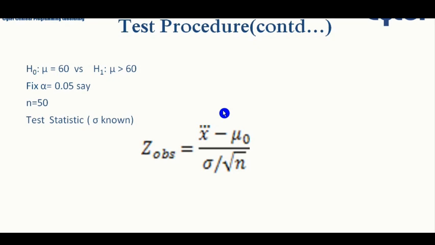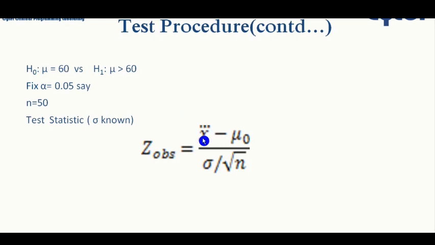Now, when will we say that our sample is really coming from the population with mean equal to mu naught? If this difference x bar minus mu naught is sufficiently small. So if x bar is closer to mu naught, then we tend to accept this hypothesis. That is the fundamental logic or concept.